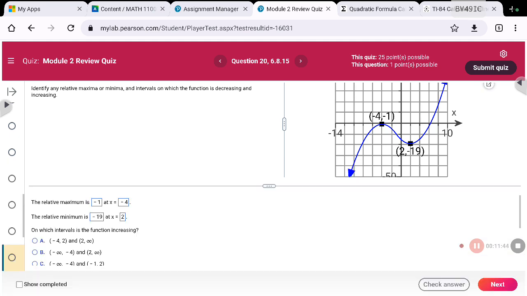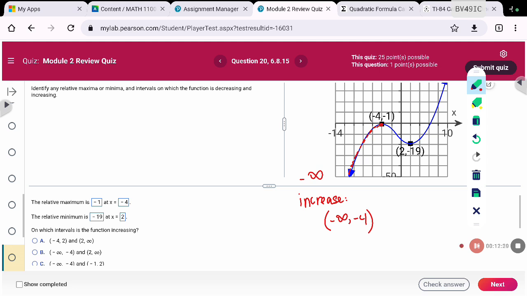Then it wants to know where this is increasing. And remember, we're talking about increasing and decreasing like we're reading a book. So we're coming in from the left. And we are going to be increasing all the way from -infinity until we get to this point, and then we use its x coordinate. So that increasing interval will be from -infinity to -4.